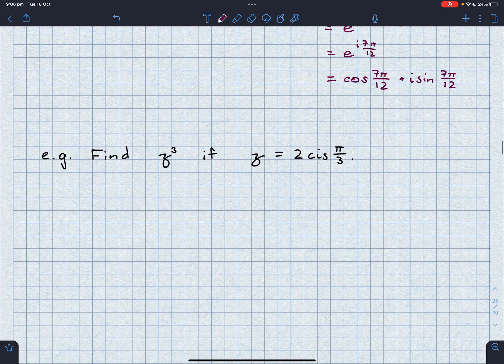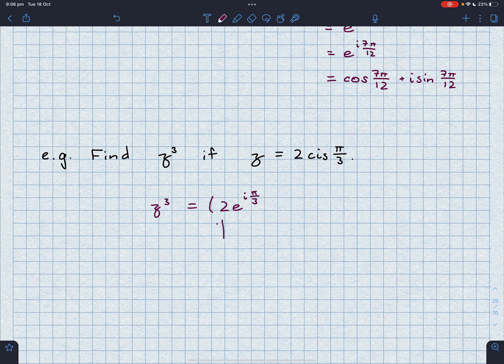It also helps us to find powers of complex numbers, because again, these operations are much easier in index form because we already know all our index laws. So here we're going to find z cubed, where z equals 2 cis pi on 3. I'm going to write that in exponential form. So 2e to the i pi on 3.